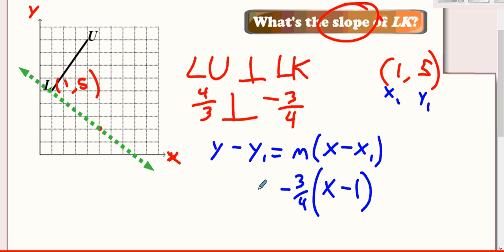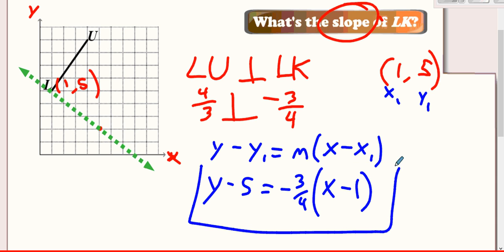X1 is 1. Y1 is 5. You can distribute and make this be slope-intercept form. We don't really need to. So there's your equation.